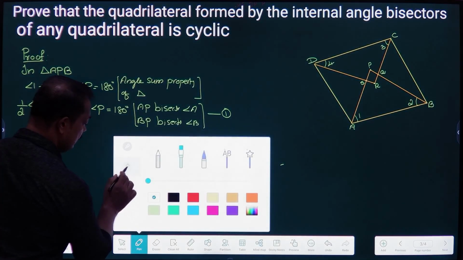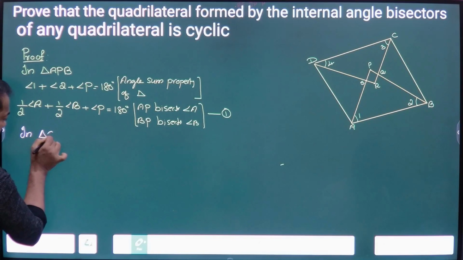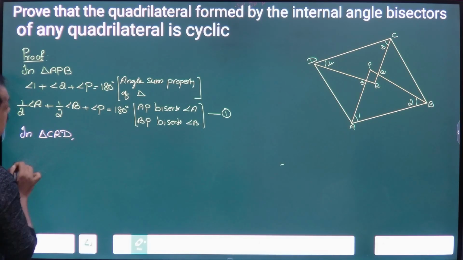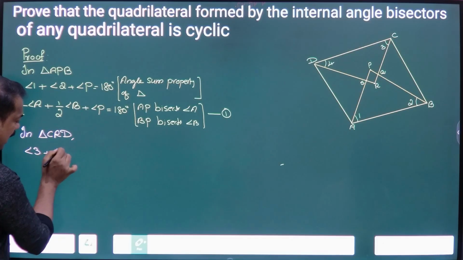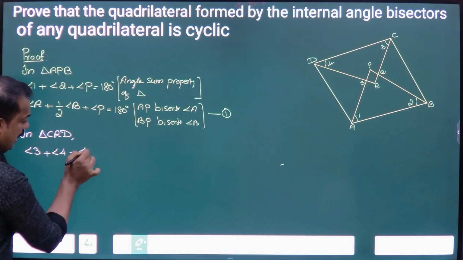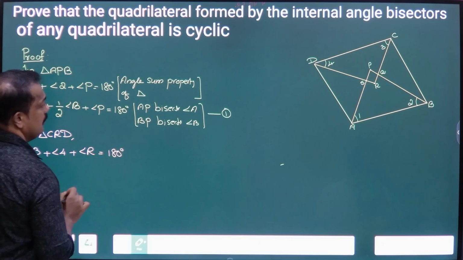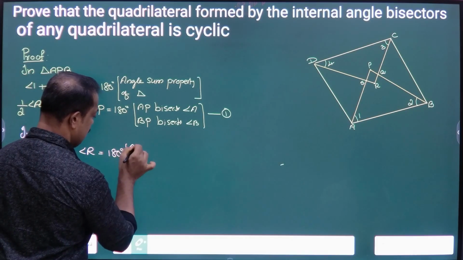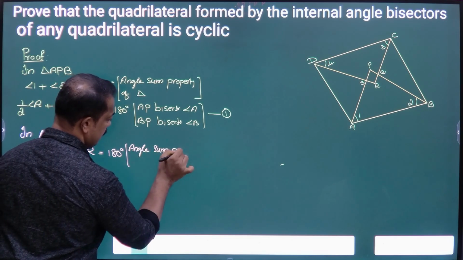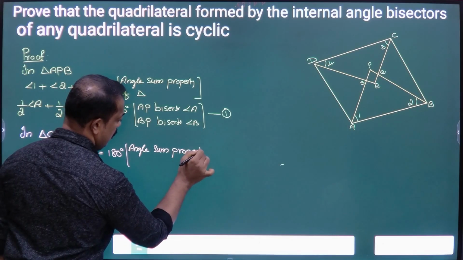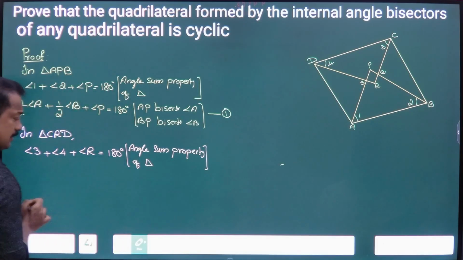So in triangle CRD, angle 3 plus angle 4 plus angle R equal to 180 degrees. Reason: angle sum property of a triangle.